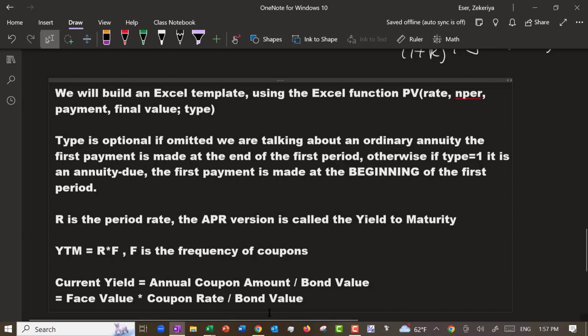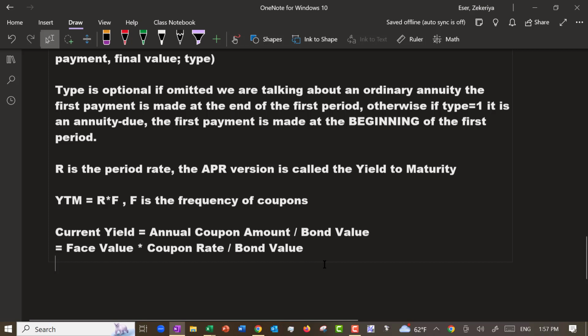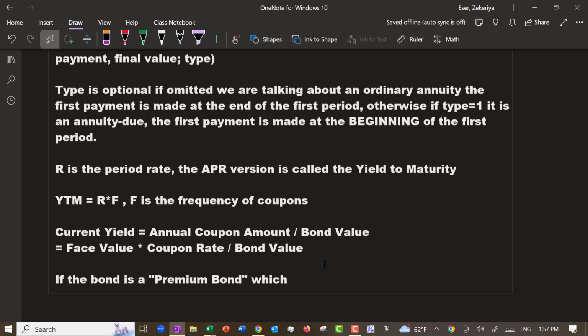One thing about if the bond is a premium bond, which means bond value is greater than face value, and premium does not necessarily imply a positive connotation. It just means the value of the bond is greater than face value.